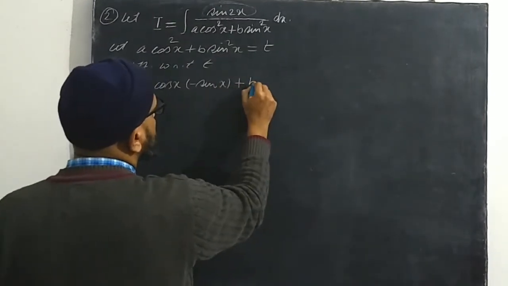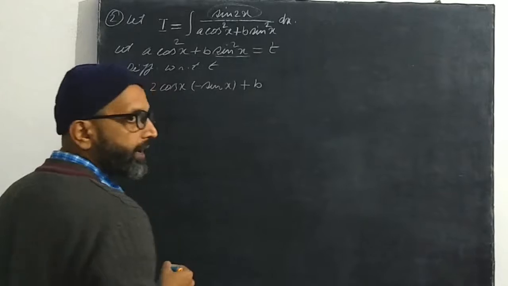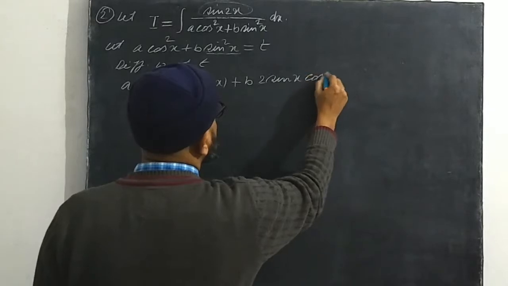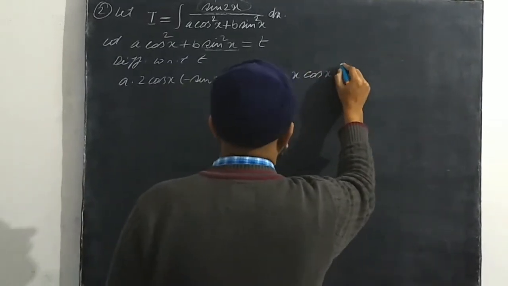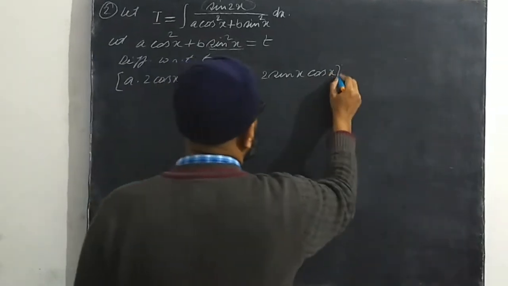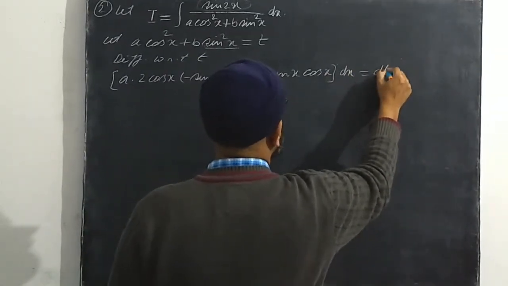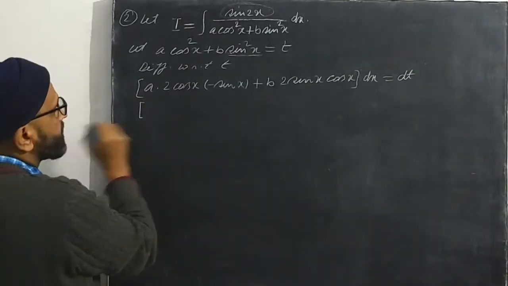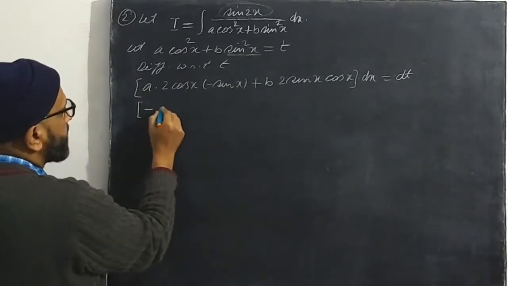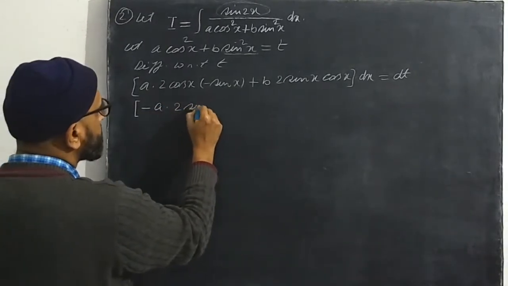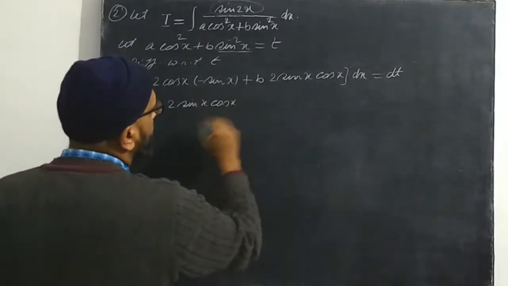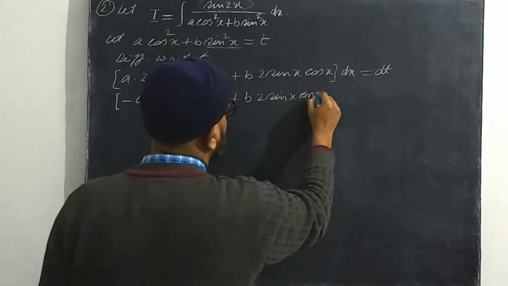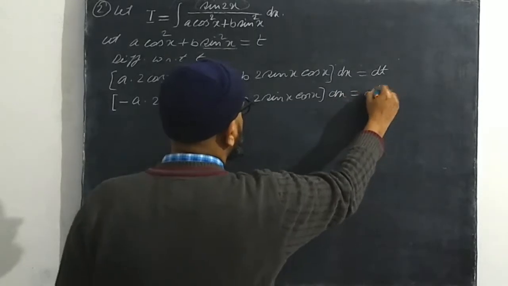Next, plus b as constant coefficient and the differential of sine square x by chain rule is 2 sin x into cos x, and dx is equal to dt. So as you see, this is minus a into 2 sin x cos x, and this is b into 2 sin x cos x dx equal to dt.